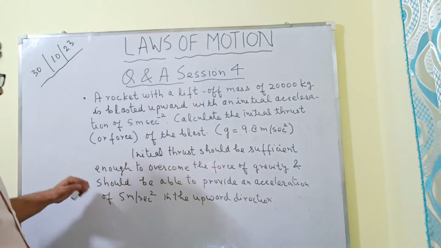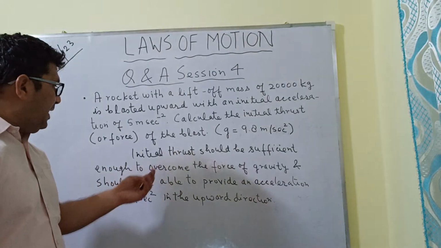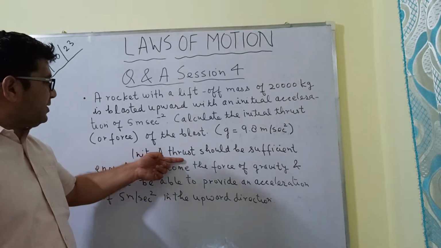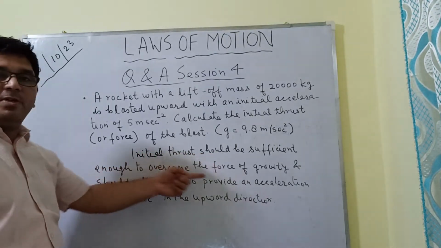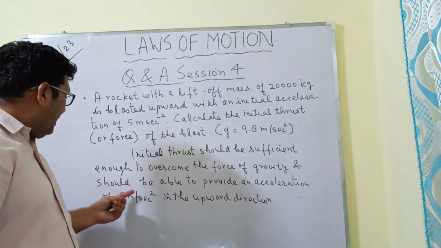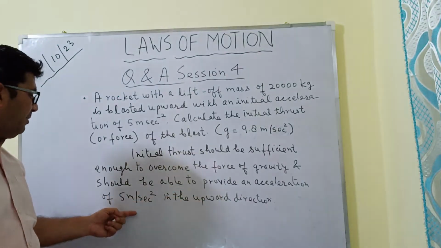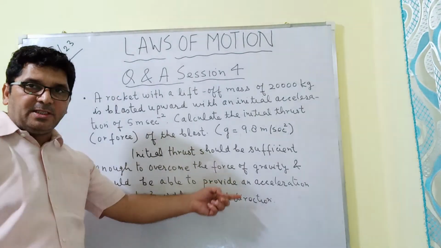The important thing you have to notice in this question is that the initial thrust should be sufficient enough to overcome the force of gravity, and at the same time it should be able to provide an acceleration of 5 meter per second square in the upward direction.